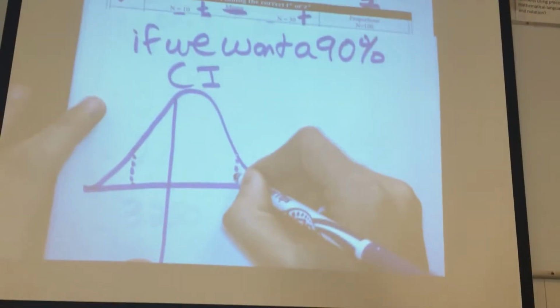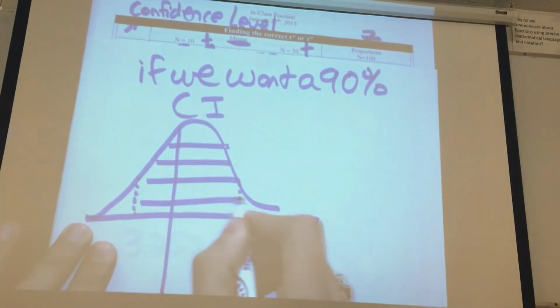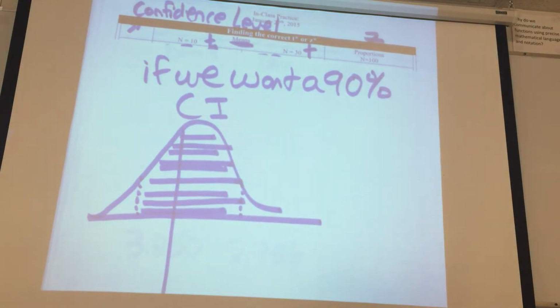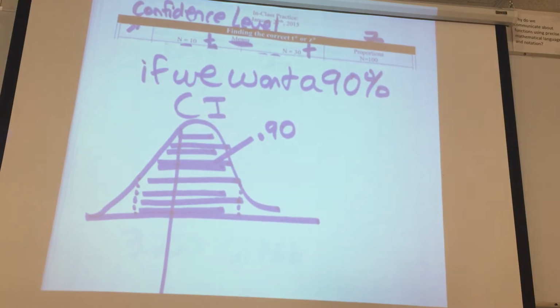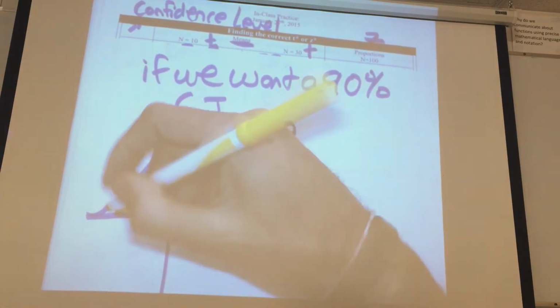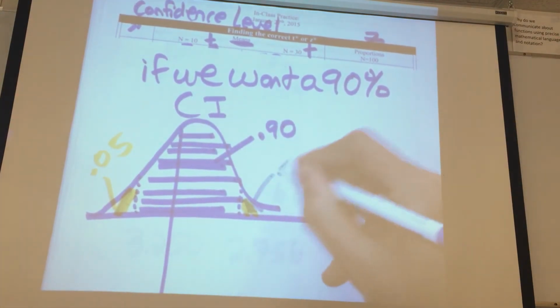Here's our curve. In between here and here, so in between our interval, how much of the data do you all think should be here if we want a 90% confidence interval? Okay, very good. It's not rocket science. So this is 90%. Then how much is on each tail? Like how much is here and here? This is 0.05. This is 0.05.